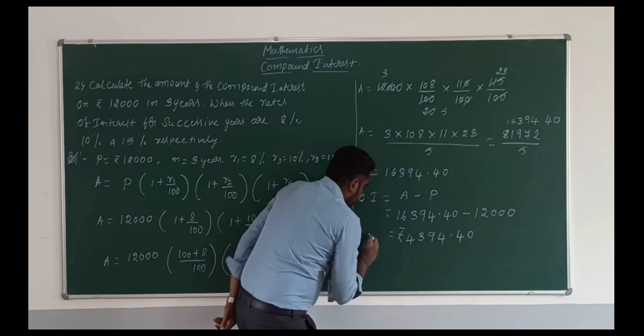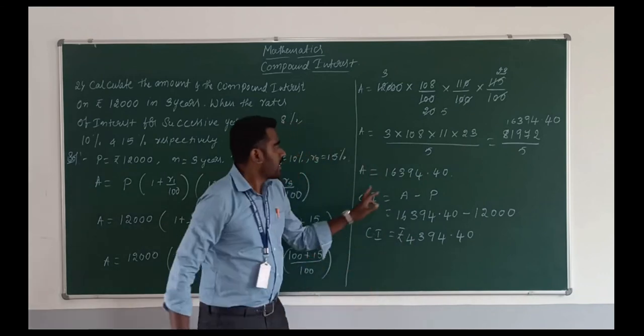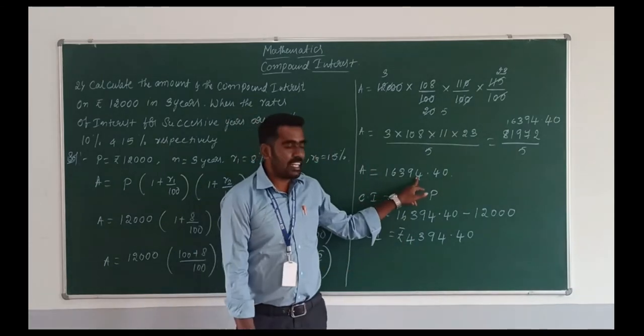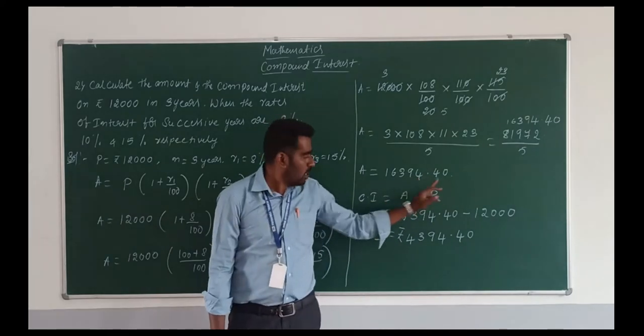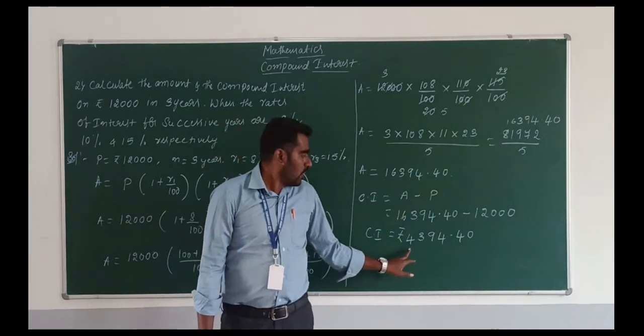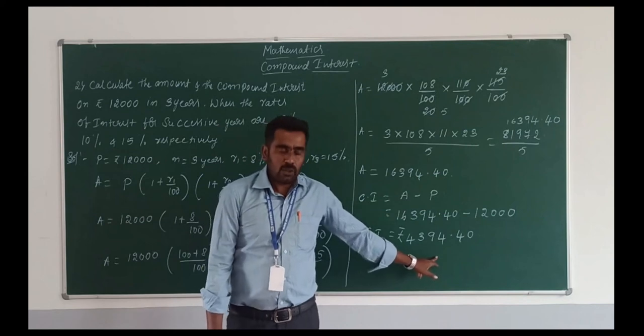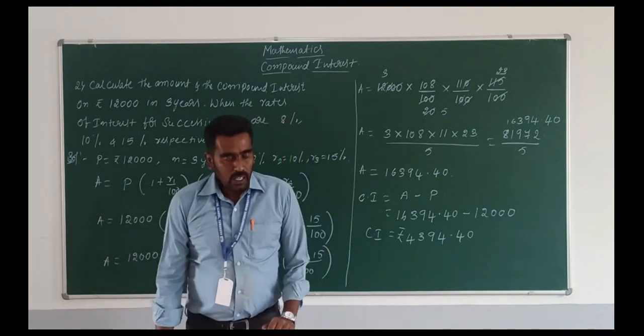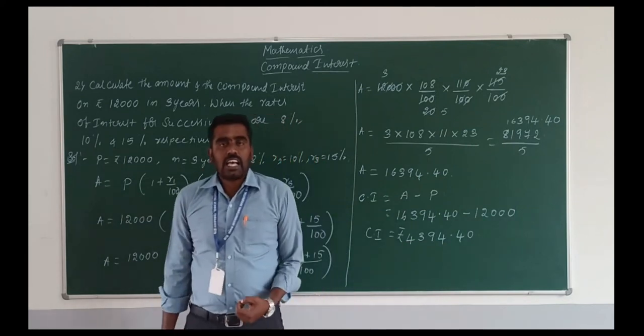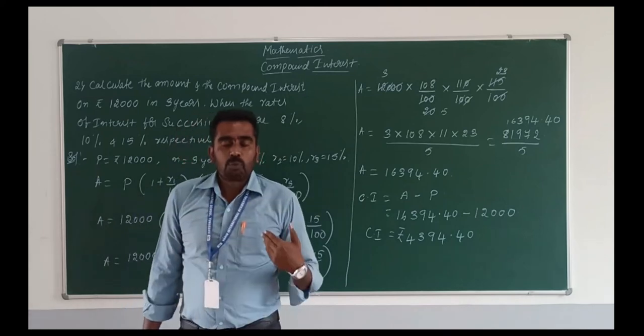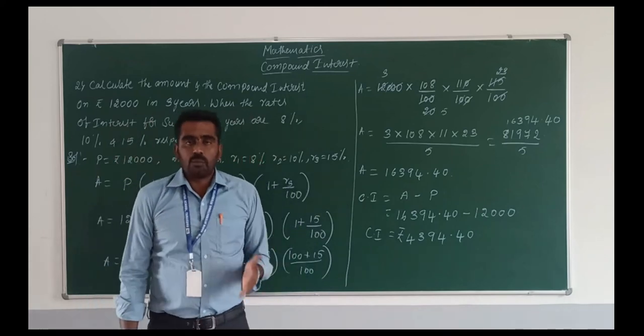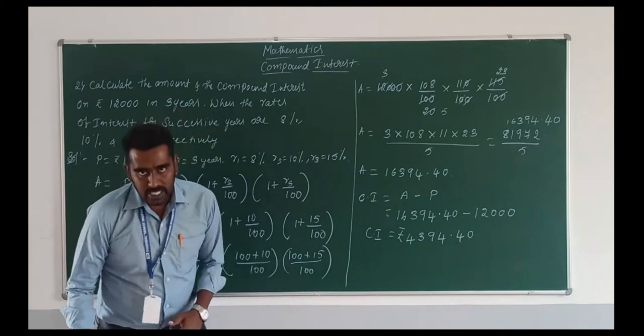So amount is 16,394.40 and compound interest is 4,394.40.